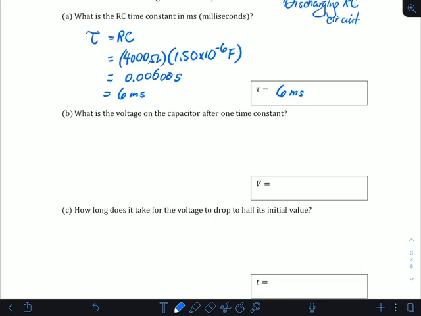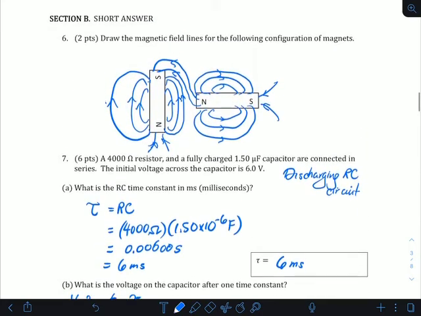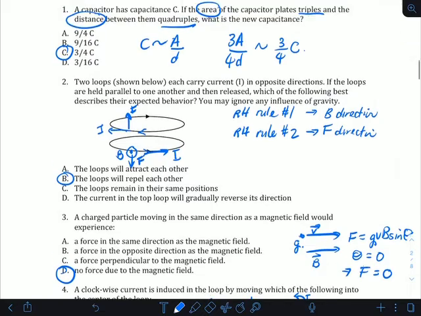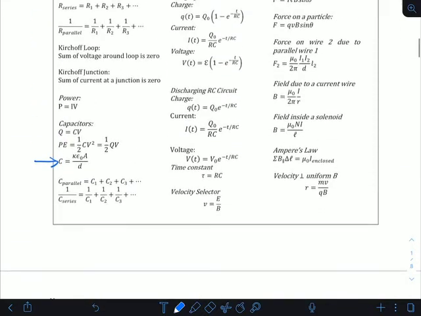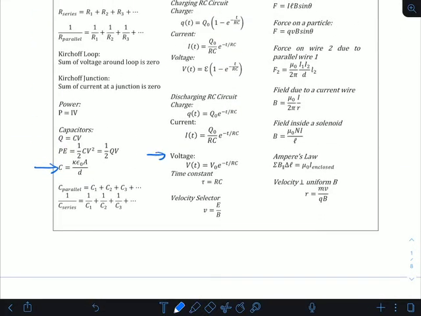The next question is, what's the voltage on the capacitor after one time constant? So it's asking us, what is V after t is equal to tau? If we look at our equation for the discharging RC circuit, we see that the voltage is V naught e to the minus t over RC.